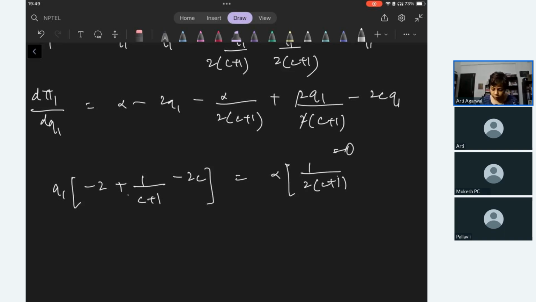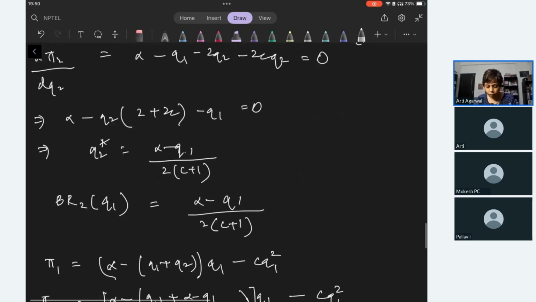This is what we get. We can switch it, and if you want, you can flip the sign. Might be easier that way, and you can simplify the algebra and find the value of Q1. And when you know the value of Q1, you can plug it into this to find the value of Q2 star.